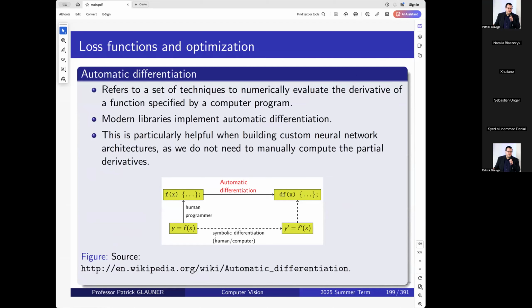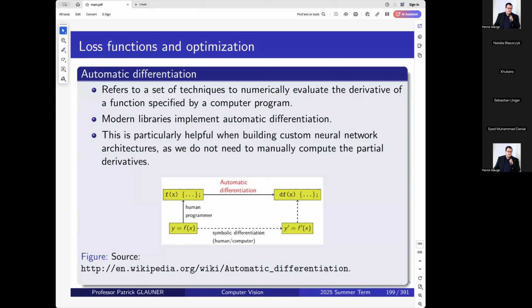How it works exactly, there are lots of resources on the web, or you would see this in a deep learning class. But automatic differentiation is very helpful because it will give you very good partial derivatives, and you don't need to do any manual work when you use a library that has automatic differentiation implemented, and it will give you these partial derivatives very quickly.